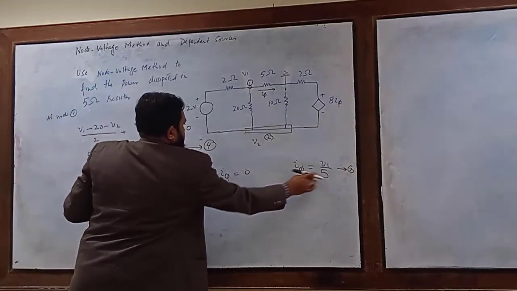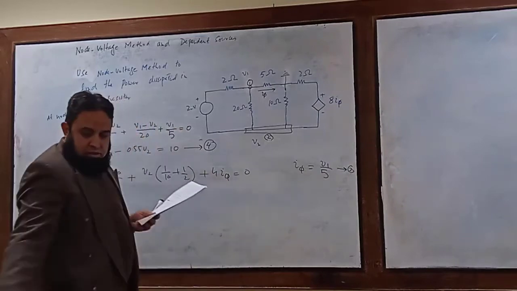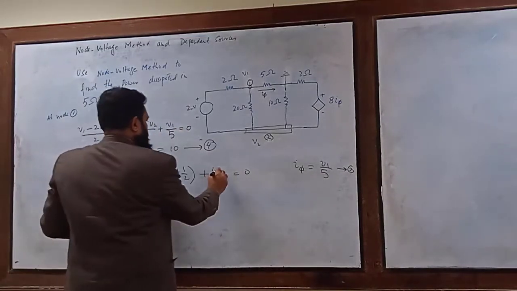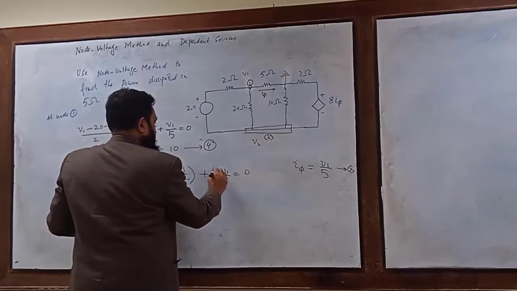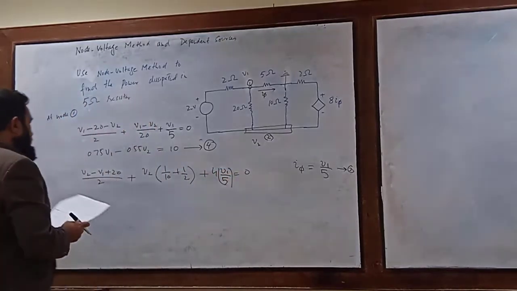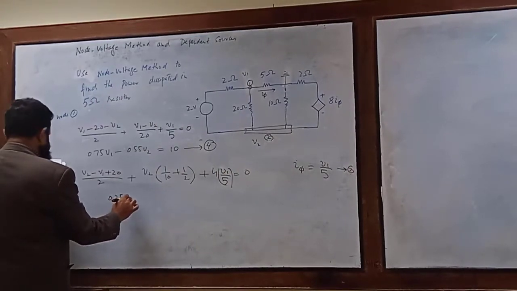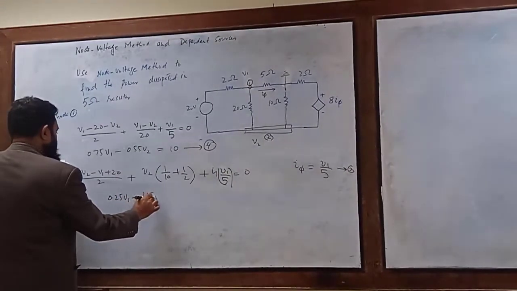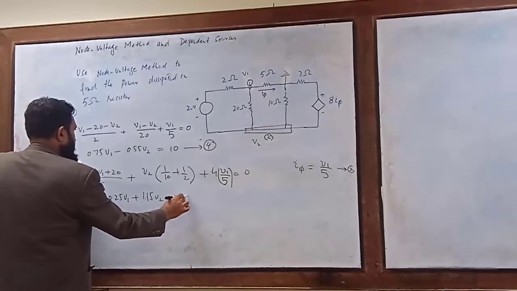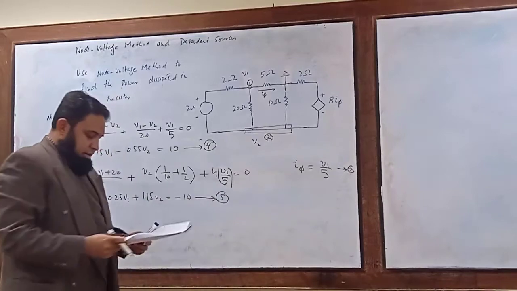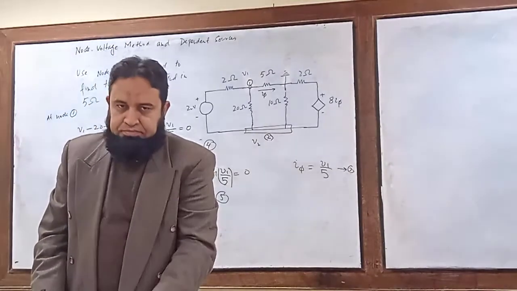Similarly, substituting the value of I5 over here, finally we have the expression 0.25 V1 plus 1.15 V2 is equal to minus 10. This is equation number 5.